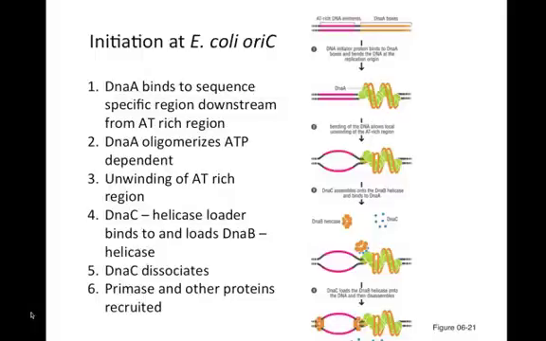And so it opens up, and then DnaC comes along with DnaB, and this loads the helicase onto the DNA, and then disassembles, and then you get other things recruited, such as primase, and then you have establishment of your replication forks.